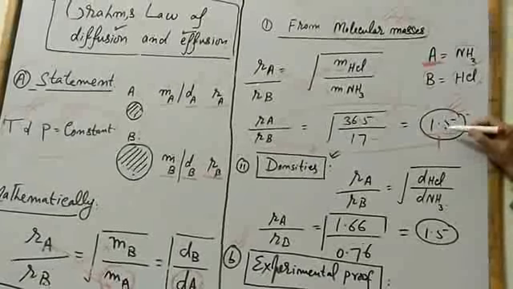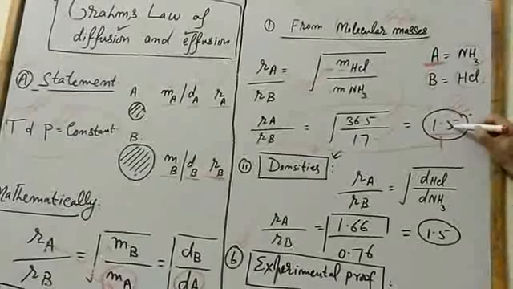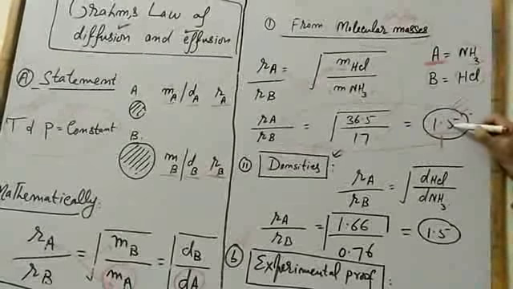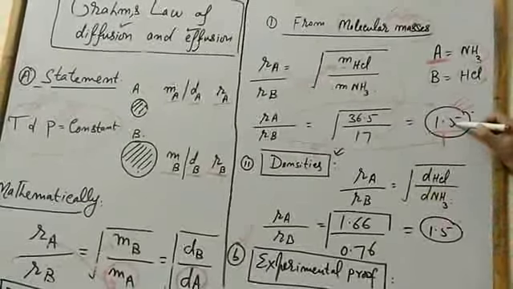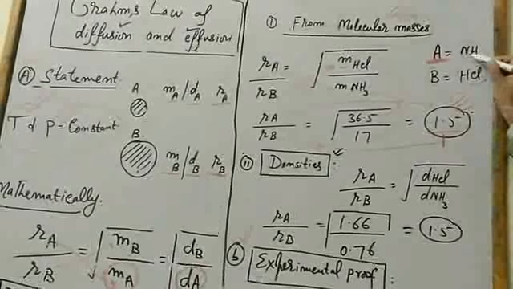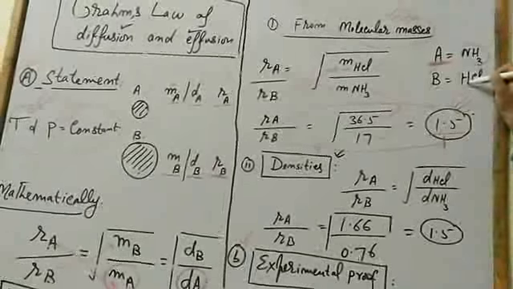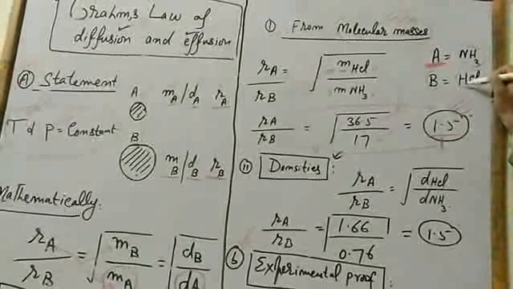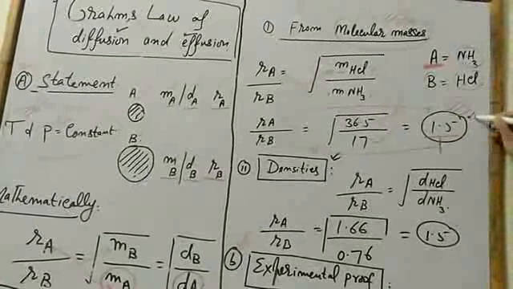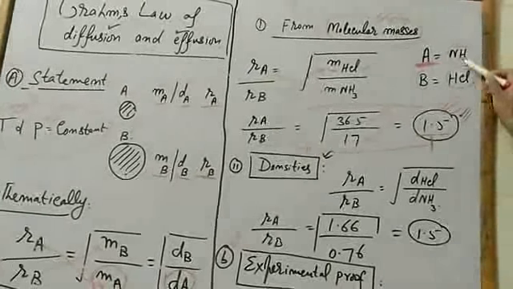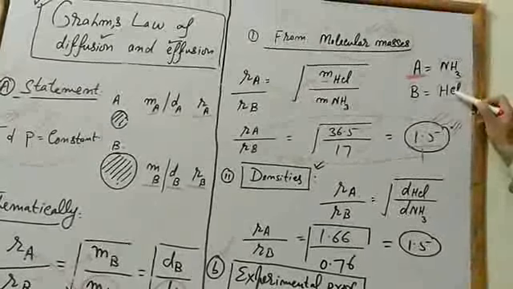It means ammonia is 1.5 times faster than HCl. And this is what Graham law of diffusion says, that lighter gases like ammonia will diffuse faster as compared to HCl, which is a heavier gas. So this is one proof by which we have proved Graham law that lighter gas ammonia diffuses faster than HCl.